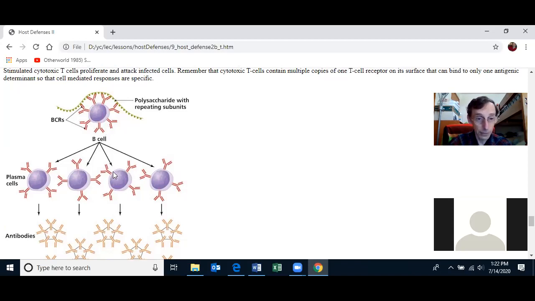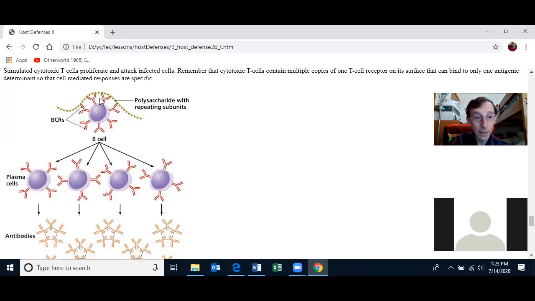Okay, going through clonal expansion and then producing antibodies. So that's why you need a specific antigen that has repeating subunits. The best example of a large antigen, and it has to be large because you have to stimulate many B cell receptors on the B cell, would be a large polysaccharide that has repeating subunits, meaning repeating glucose molecules.